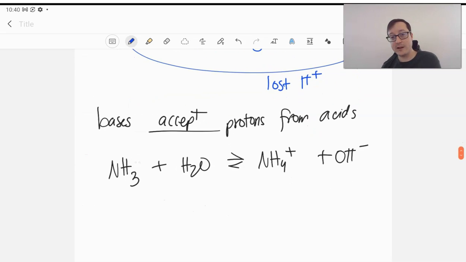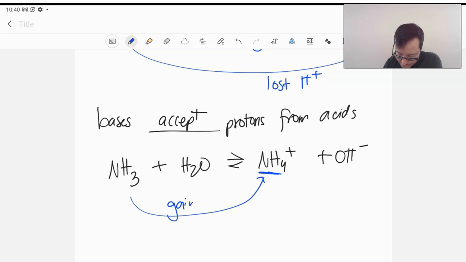Well, we want to look at the products. What is most similar in the reactants? Hopefully if we look at the NH4 plus, we can see that that's most similar to the NH3, and we can see that it has gained a proton. Therefore, that's the base. This is our base here.